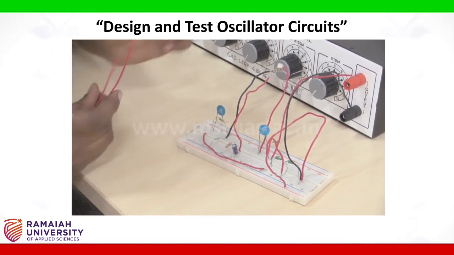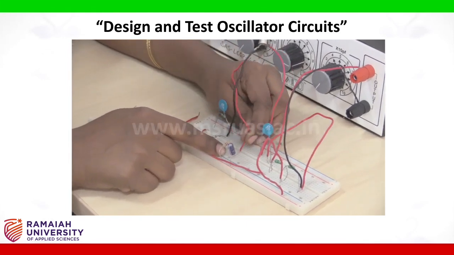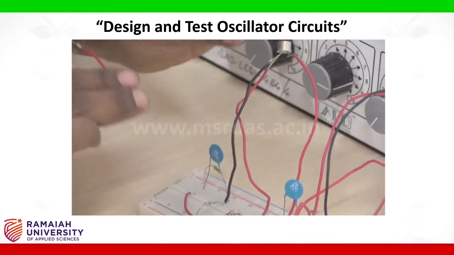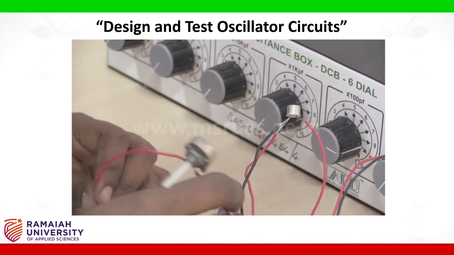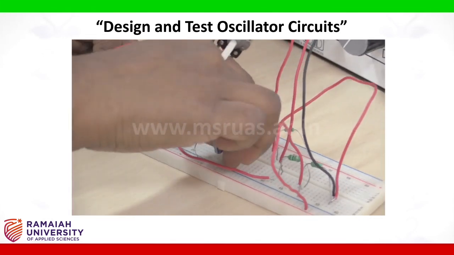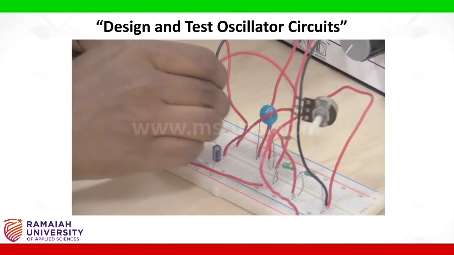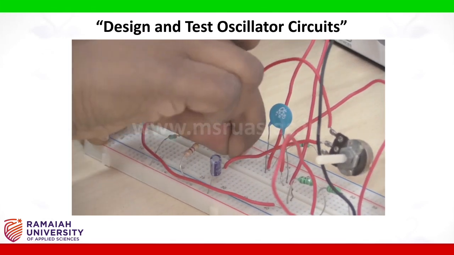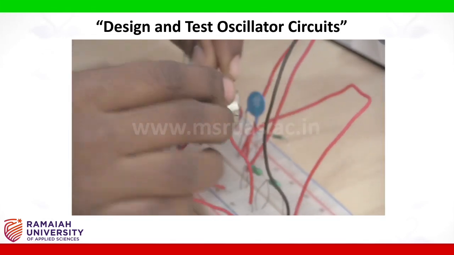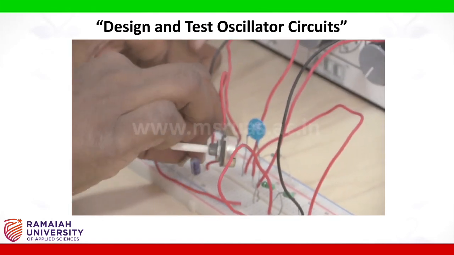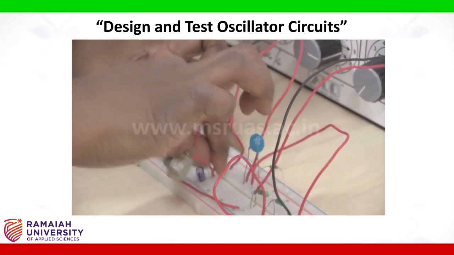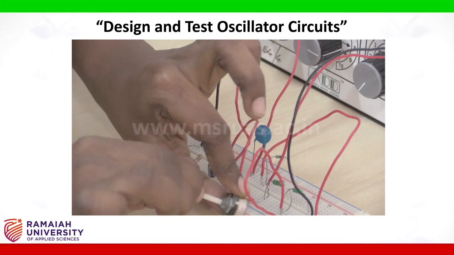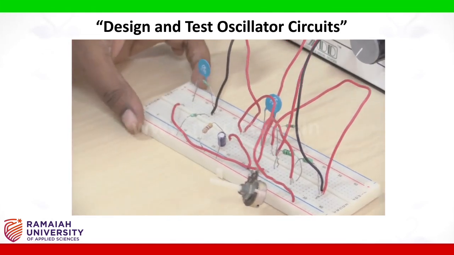Remove the emitter leg, put it on the top, then insert this pot between the removed leg and the original point. So this is the pot. As we tune this, we can have control on the output signal.